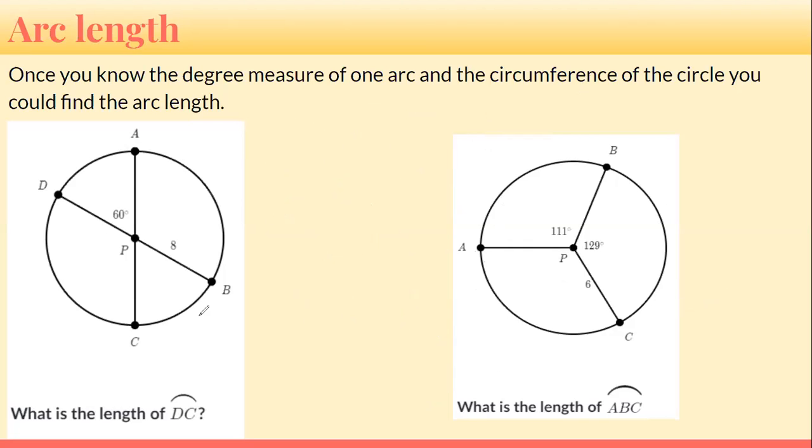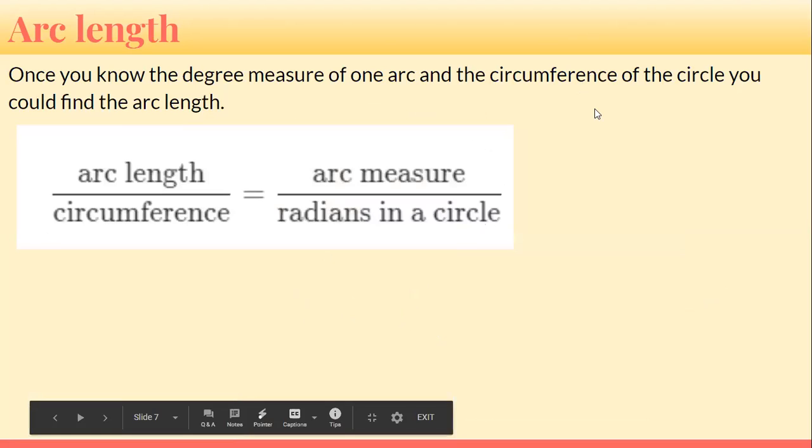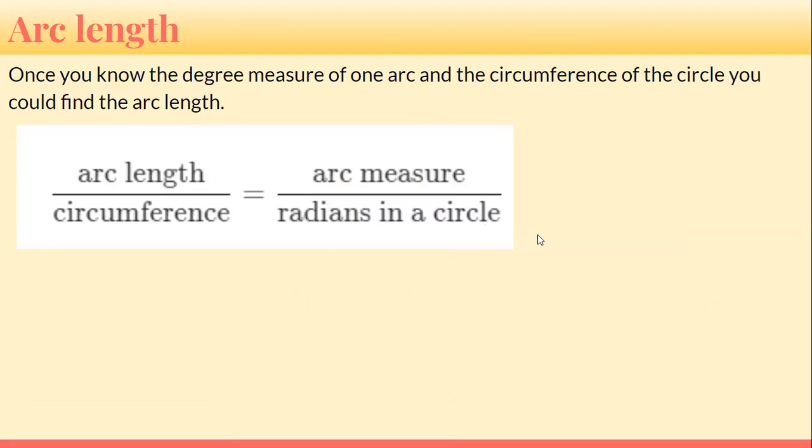All right, so let's look at some arc length. As I talked about, arc length over circumference is equal to arc measure over the radians in a circle. Okay, basically, that's fairly simple, right? And in order to solve these kind of problems, you need to remember this.